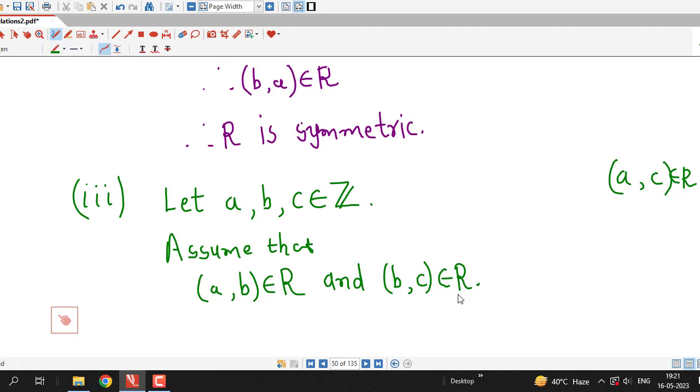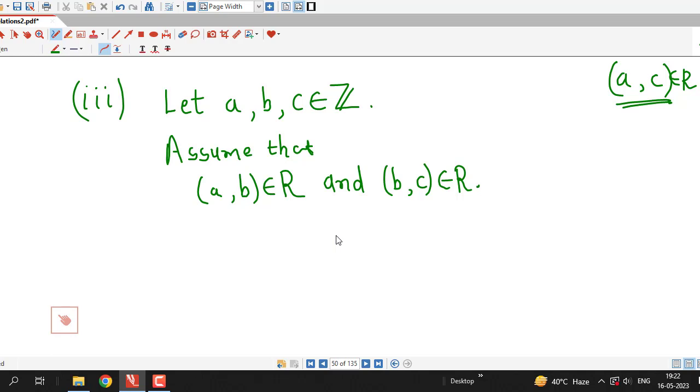So first we are trying to prove this, whether we can prove this or not. If we are able to prove that (A, C) belongs to R, then our relation will be transitive. If there is some difficulty in proving this, then we have to find out particular elements A, B, C which does not satisfy this property. So first we are trying to prove that relation is transitive.